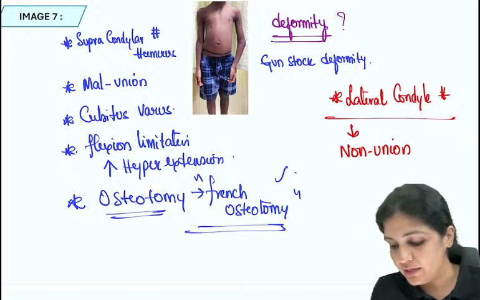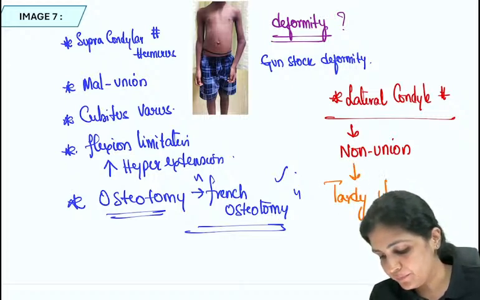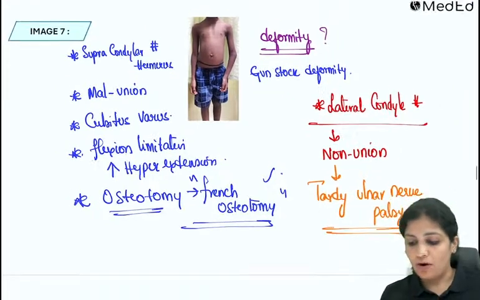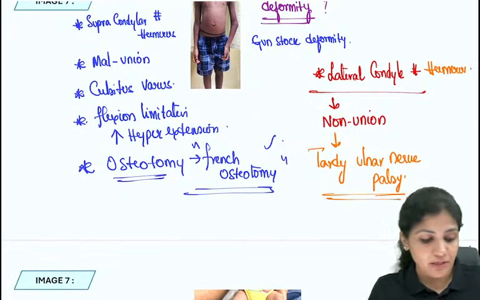And there is one more condition which you have to remember, which is the three-point bony relationship. This is seen in your lateral condyle fracture. Right? Two important conditions.